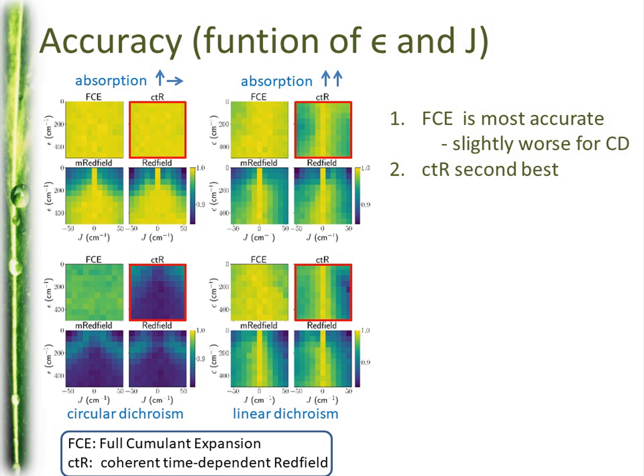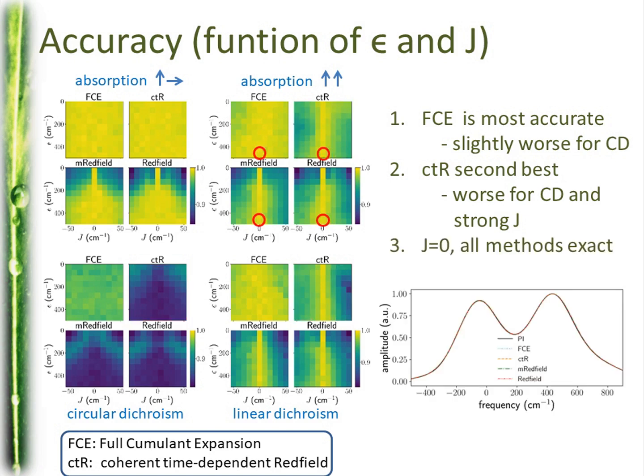Since this method is the secular version of the full cumulant expansion, however, the inaccuracies indicate that the secular approximation, which is often made in literature, may be invalid, especially for strong interpigment coupling and for circular dichroism calculations.